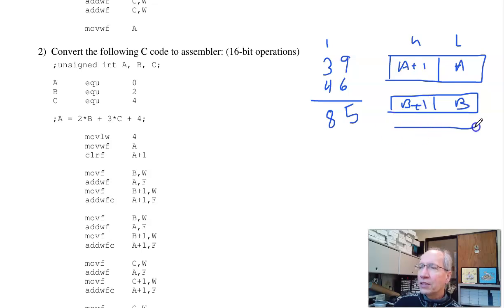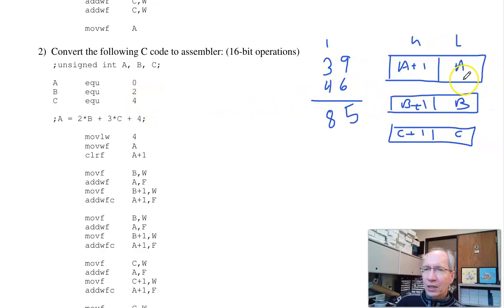I'll put the result in C and C plus 1. Now when I do this, I've got to make A, B, and C separated by 2 because each one's 16 bits. So A is at 0, 1 is A plus 1, B is 2, C is 4. Now to do this, I've got to go the low byte first.